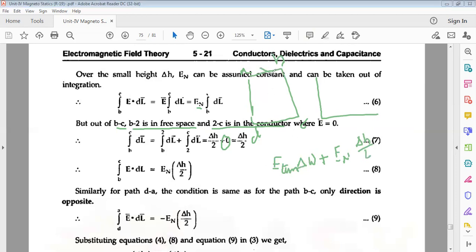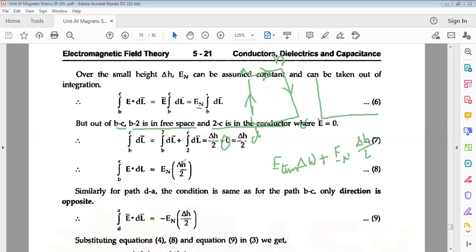See, delta omega is in the positive direction, so let us take this as a positive integral. Definitely the direction is reversed, so take it as negative, and D to A is in the positive. If D to A is in the positive, then B to C is in the negative.